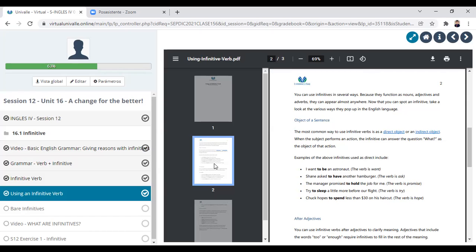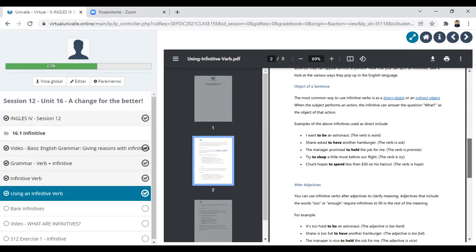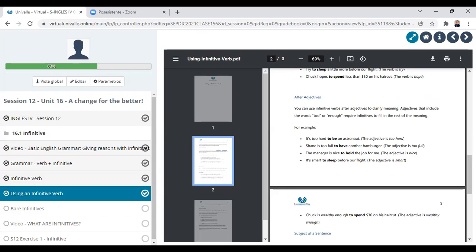Okay, after adjectives, guys, in this case, you can use infinitives. After adjectives to clarify meaning, adjectives that include the word too or enough require infinitives to fill in the rest of the meaning. For example, it's too hard to be an astronaut. Shane is too full to have another hamburger.